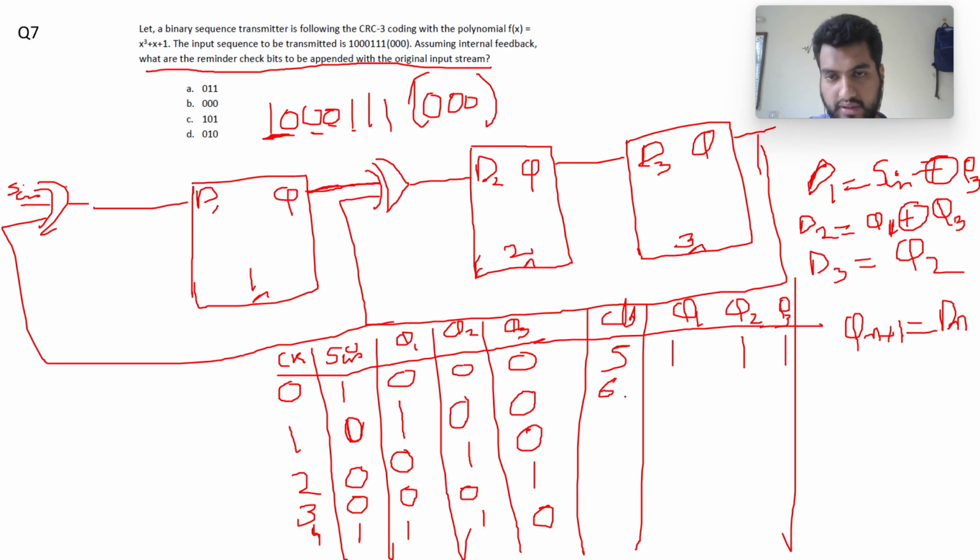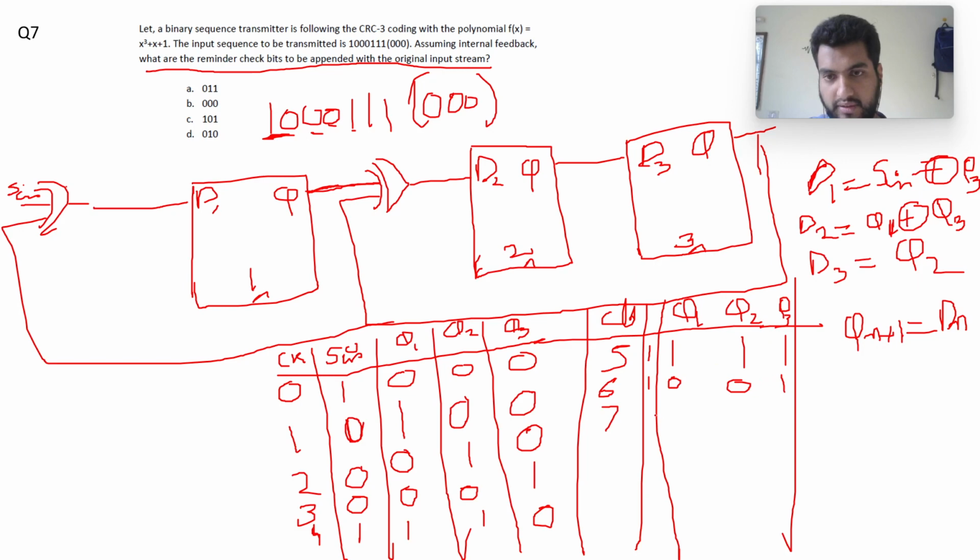For the 6th, my S in, so S in was 1, now it will be another 1, so 1 XOR with 1 is 0, 1 XOR with 1 is 0, and Q2 was 1, so it will be 1.